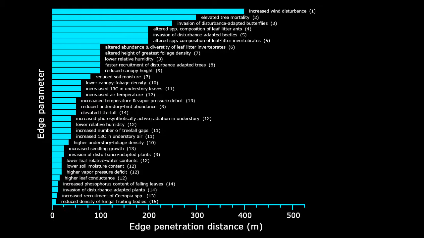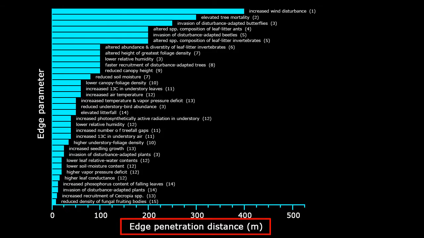Really a neat study. This graph here depicts the types of edge effects that have been determined over the years, and not only that, the sort of relative strength of those edge effects. On the y-axis here, you've got edge parameters, so that's our edge effect. That's an edge effect that's been determined. And then down here on the x-axis we have the edge penetration distance.